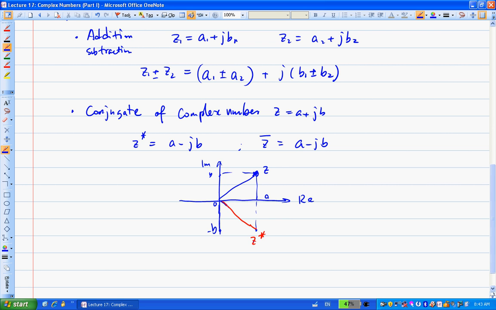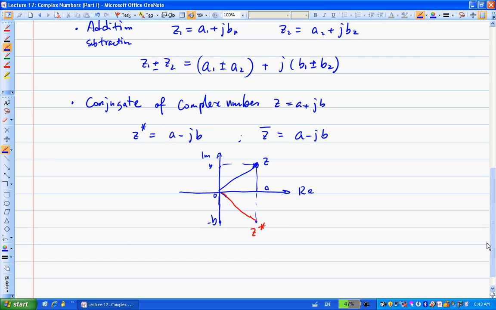One of the simple facts here is when I have the Z and the Z star over here, see what happens when you add them together, and then what happens when you subtract them from each other. That plus that star. So what does that give us? So A plus A, and jB plus (−jB) cancel each other, right?